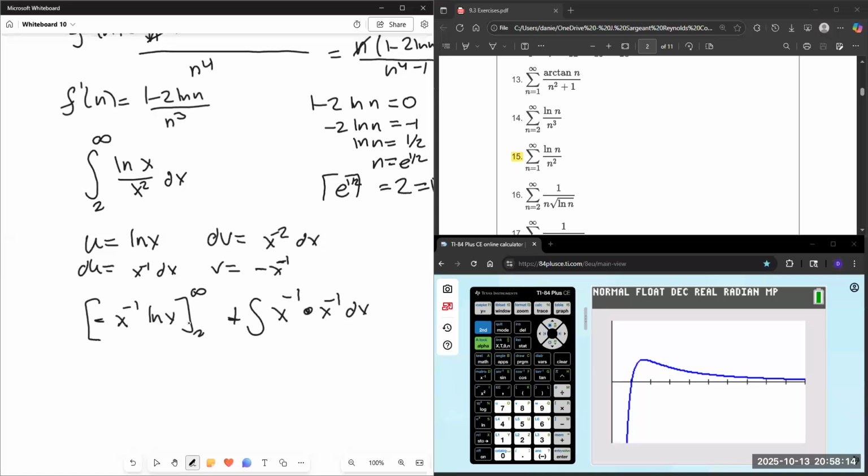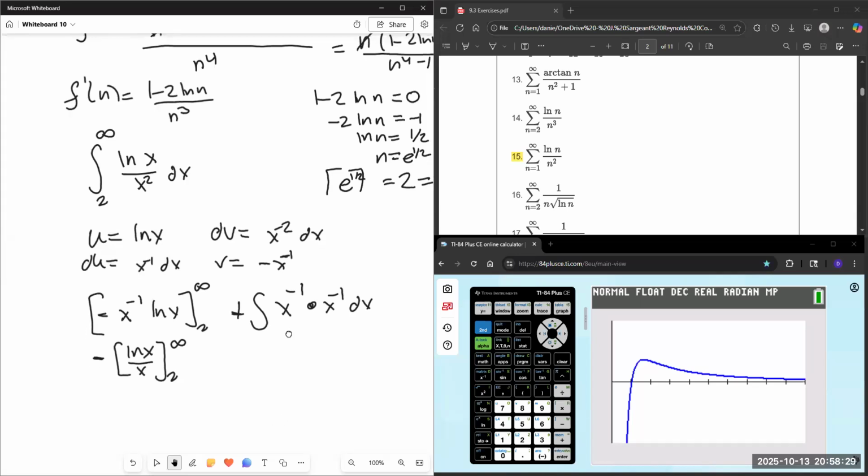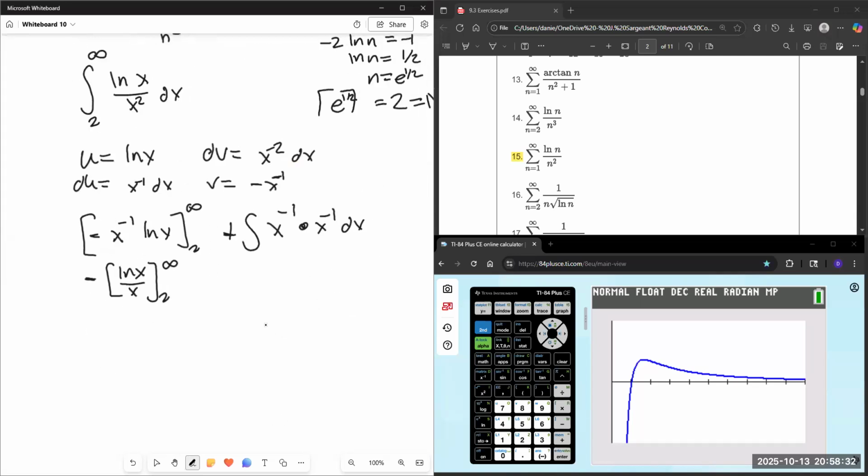So this is going to be a negative ln of x over x from 2 to infinity, which is an infinity over infinity situation where I could use L'Hopital's rule. Now I know that ln of x is the slowest growing function that we know about right now, and that linear function is going to grow faster, and that means that this is going to go to 0. I'm going to prove that to you with L'Hopital's rule, though. So this is plus integral from 2 to infinity of x to the negative second dx.